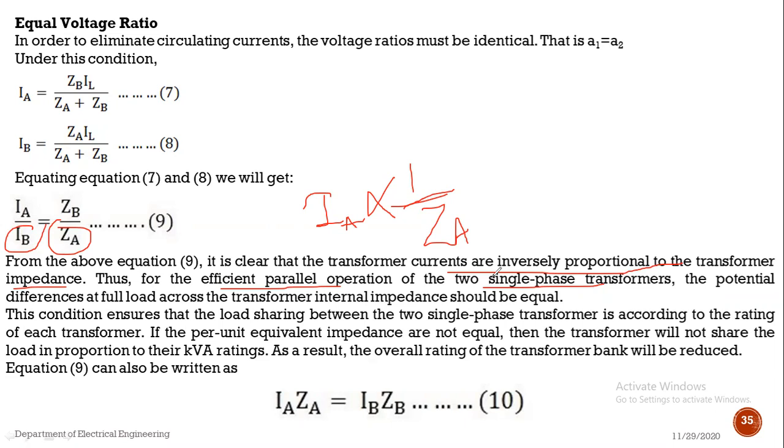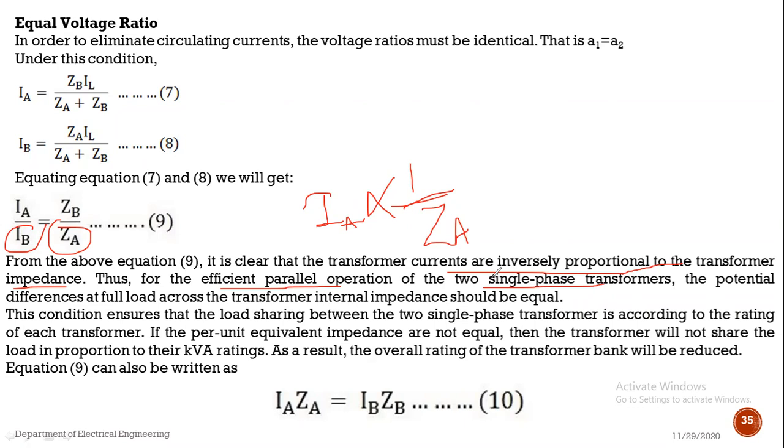If we want efficient parallel operation of two or more single phase transformers, then the potential difference at full load condition, which we write here as VL, the load voltage or full load voltage, across the transformer internal impedance should be equal.